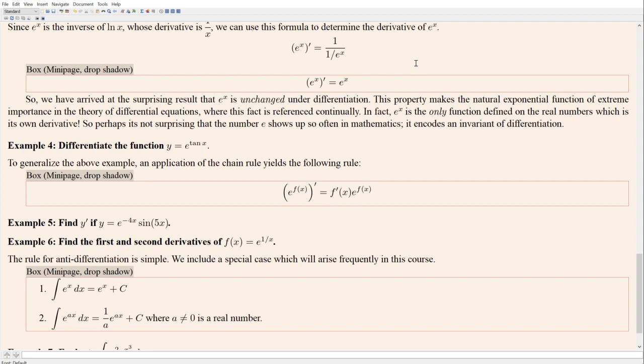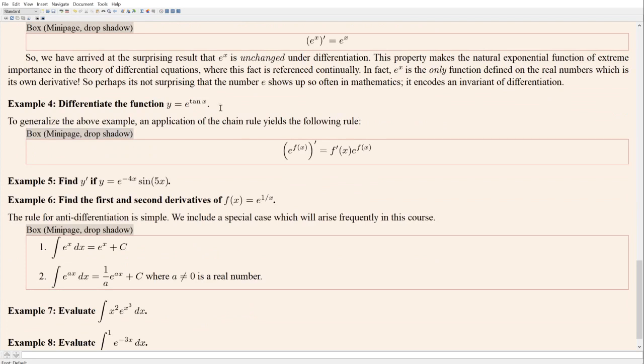So it's sort of like e to the x is the spoke around which all of the other functions spin, at least as far as differentiation and theories of differentiation go. What's even more amazing is that this is the only function whose derivative is itself. So that's even more incredible.